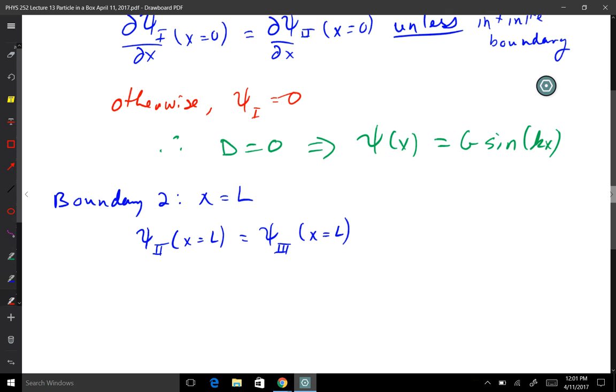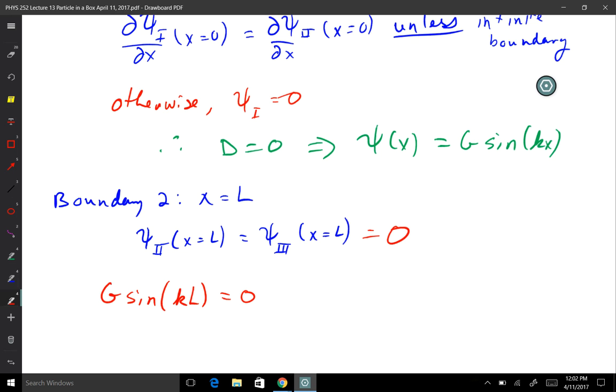But because of the second boundary condition, that's equal to 0. And so that's going to give me G sine of kL equals 0. Know what this didn't tell me? It didn't tell me G. What does it tell me?